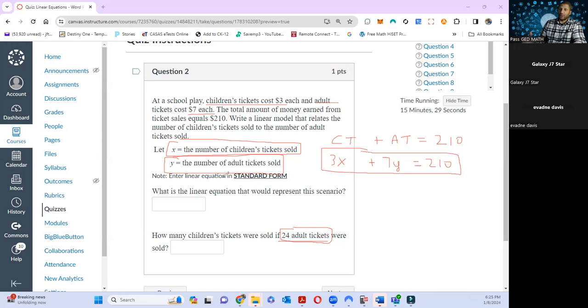What variable is for the adult tickets? Y. 24Y. No, no, listen to what I'm asking. I'm not telling you to do any calculation. See, that's when you're going a step ahead. They're telling me you have 24 adult tickets. What variable stands for the number of adult tickets sold?